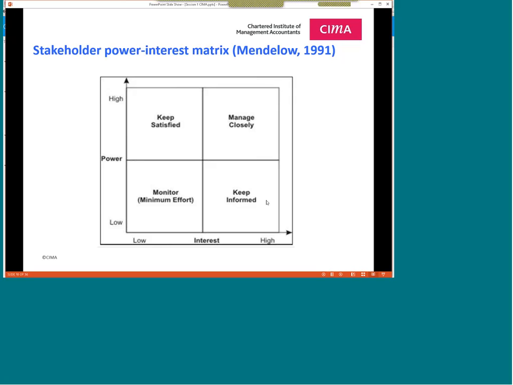Well, also, but it has to be the other way around as well, that this particular organization is important for the customer. So in that case, they would also have high interest in them. So yeah, that would be the case. It would need to manage closely. Okay, so you're right. Your examples were correct.